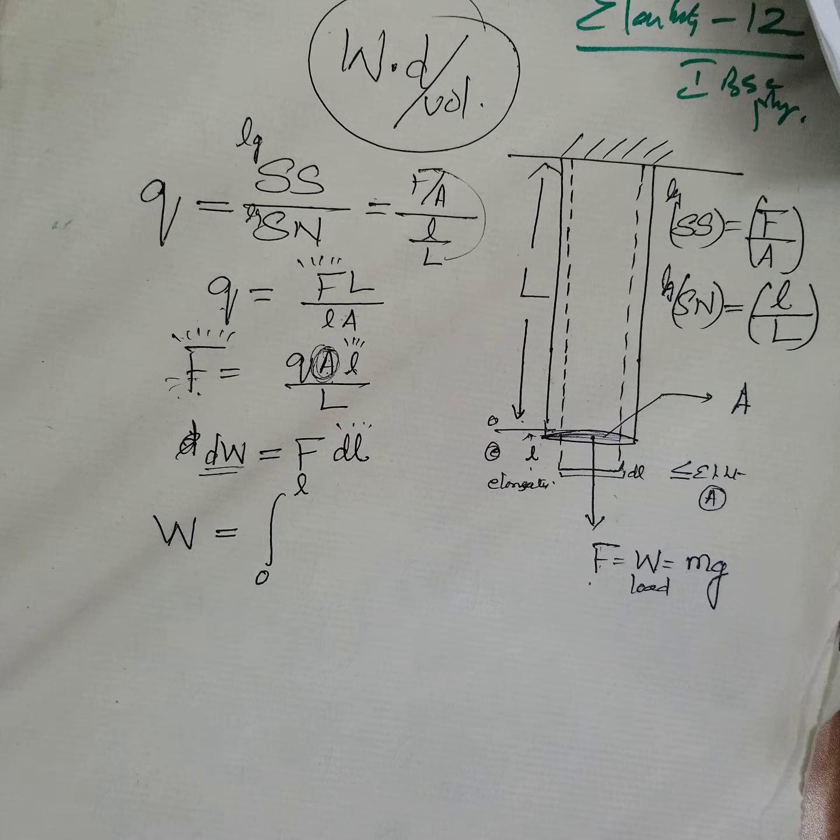This quantity is same as F. Therefore, instead of this, I am going to put F here. Therefore, half F into l. Therefore, work done is equal to half into load into extension.